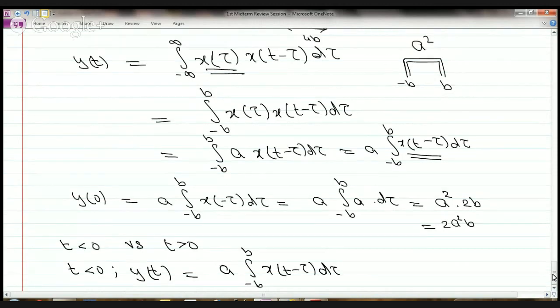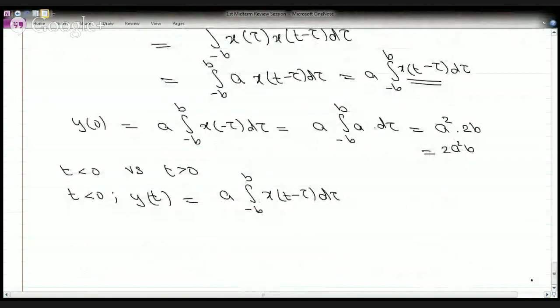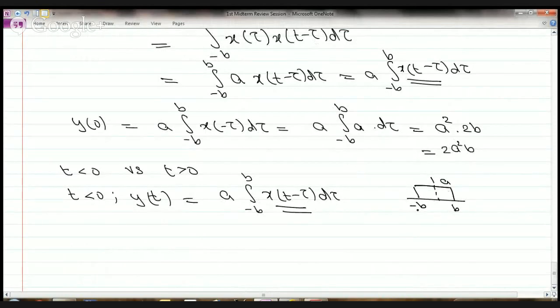Now, what is this saying? You flip x of tau. When I flip my x of tau, I still get the same signal, minus b to b with a height of a. And now I'm shifting it to the left by an amount t. Right? So t is less than 0, so I'm shifting it to the left. So this is what I get.